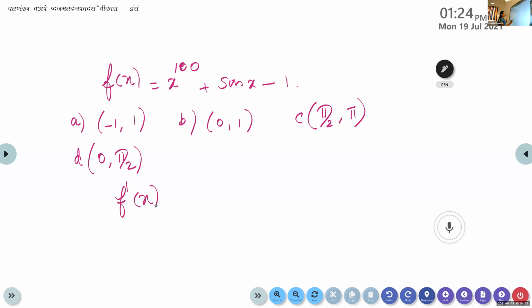What is f dash of x? 100 x raised to 99 plus cos x, isn't it? You select values in these intervals and check in which case f dash of x is negative. We have to prove f dash of x is negative for decreasing, isn't it?